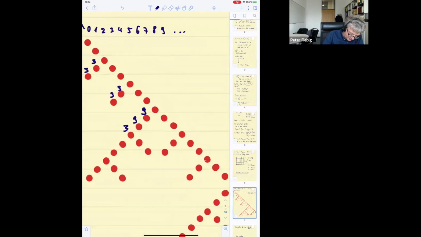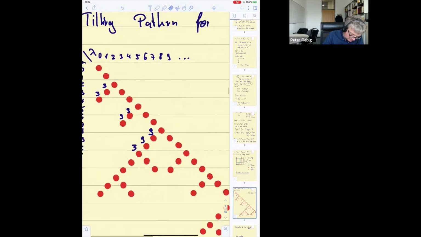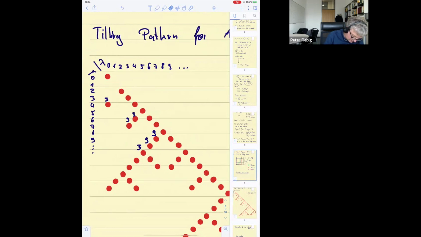Here the torsion primes... Oops, I'm getting ahead of myself a little. Just delete this. The torsion primes are actually sigma 3 here, sigma 3, sigma 3, sigma 3, and here sigma 3 times sigma 9, sigma 3 times sigma 9, and then not sigma 3 but sigma 9, and this goes on.